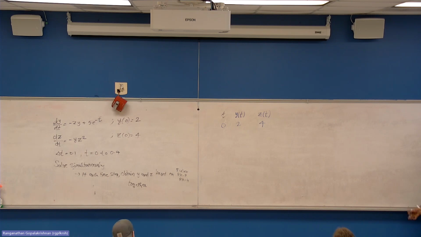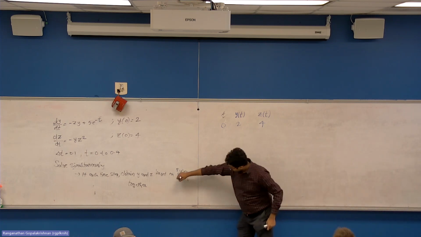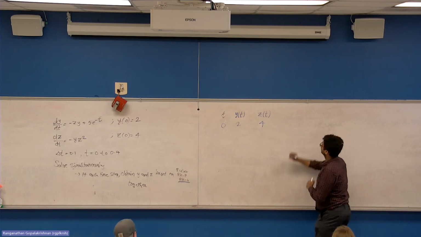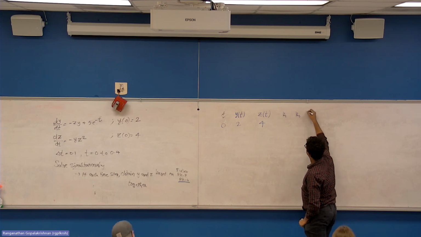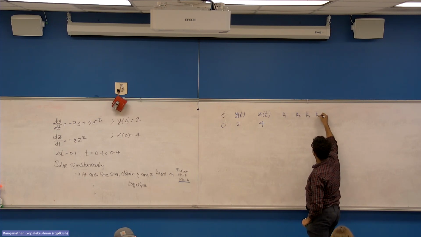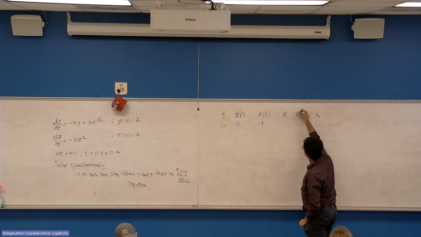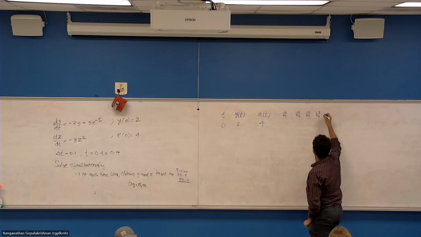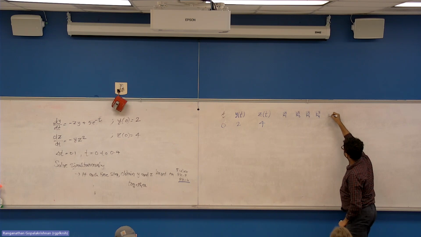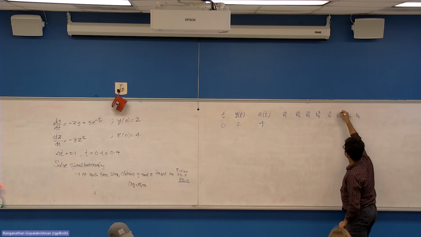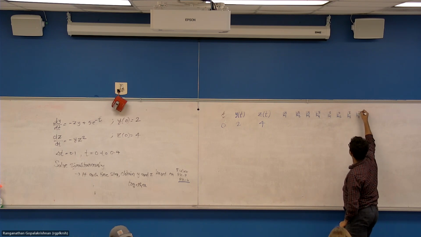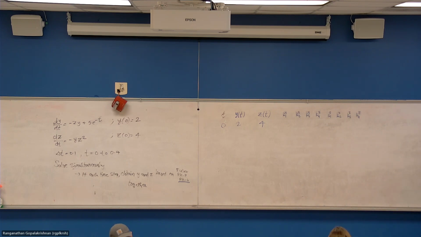And suppose we are using the RK4 method. We would need K1, K2, K3, and K4 for the y. And then we'll also need K1, K2, K3, and K4 for the z. You can see how this can be complicated.